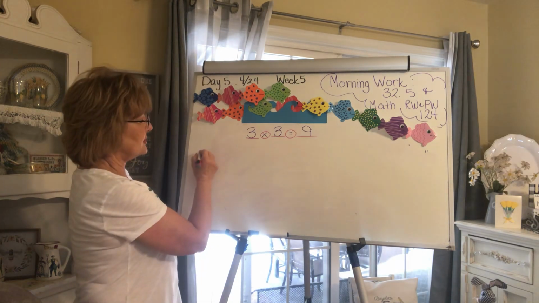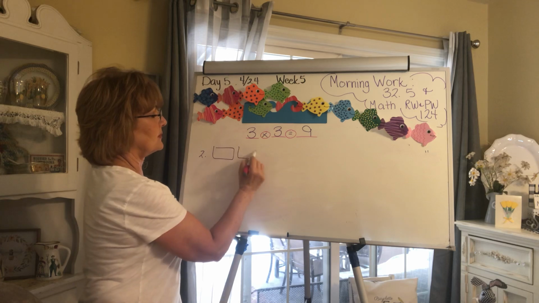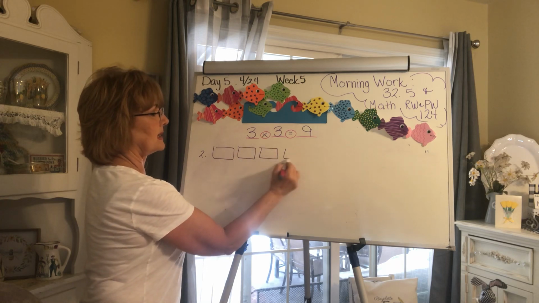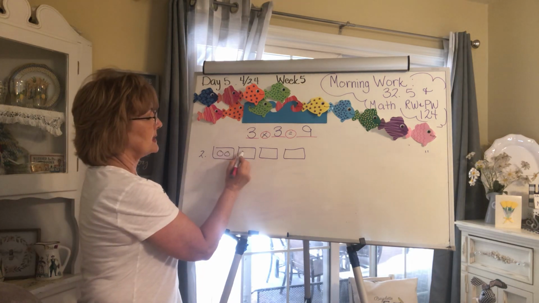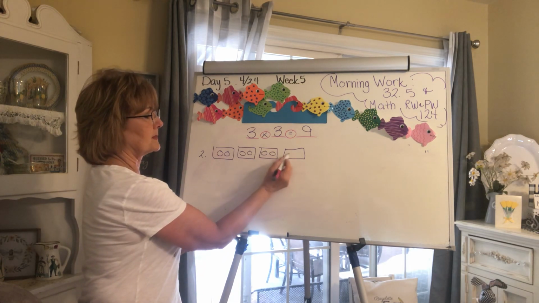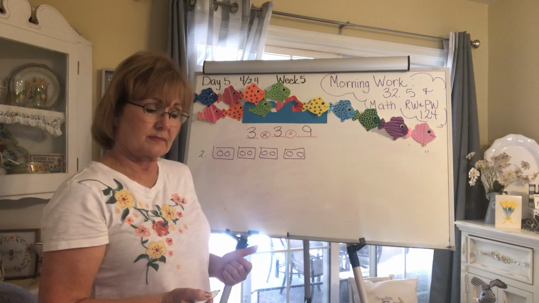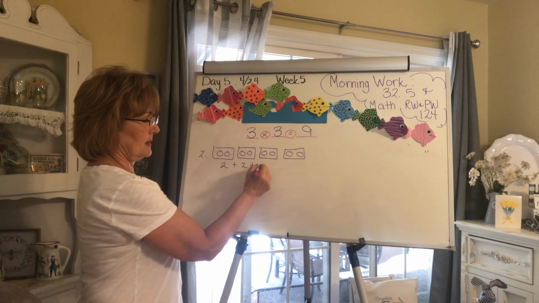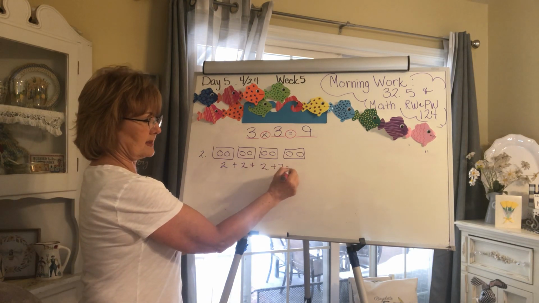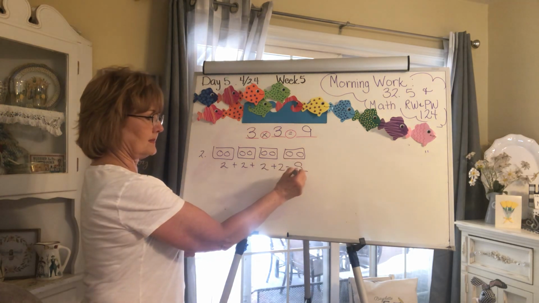Now for number 2, it says 4 groups, so go ahead and draw your 4 groups. Mika, quiet. And you have 2 in each group. Okay, so we have equal groups, right? We're adding 2 plus 2 plus 2 plus 2. 2, 4, 6, 8.